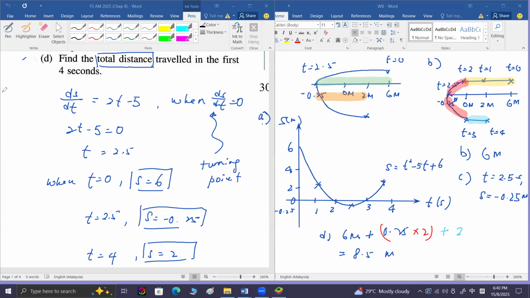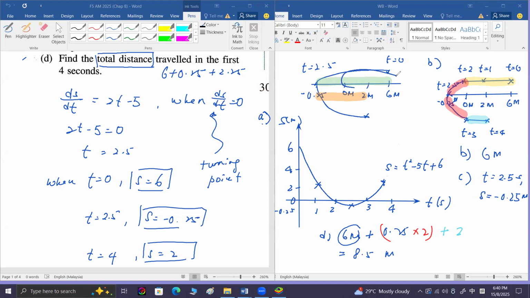Now, you see the green one: 6 plus 0.25. Here, 2.25, can you see the orange one? But actually it's the same, you see? Actually it's the same, 6 and 0.25, and here also 0.25.